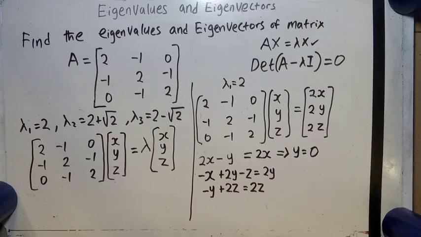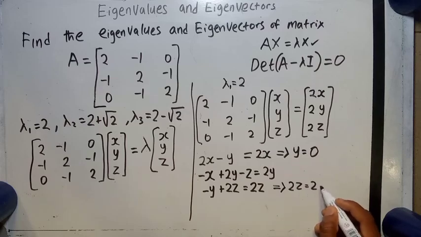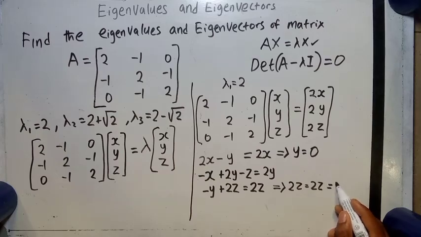If that is so, we can substitute that here, and we have that 2z is equal to 2z. Definitely this will tell us that our z is equal to our z, and our y is equal to 0. Now what will our x be? Only one way to find out. Okay, now this one might be a bit long.